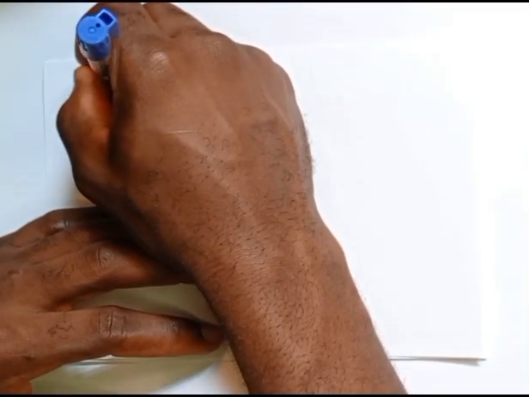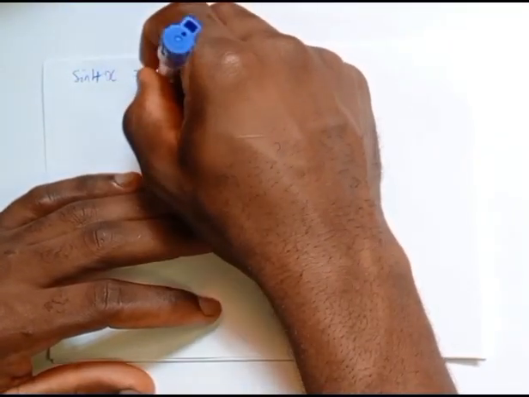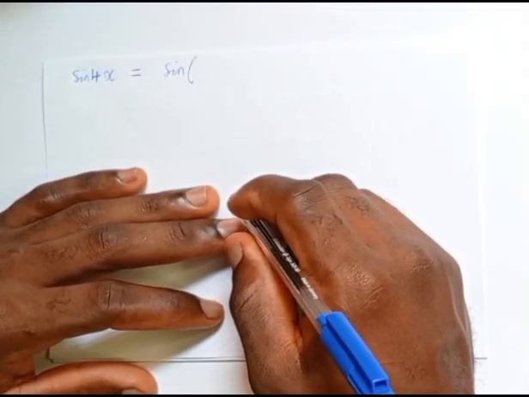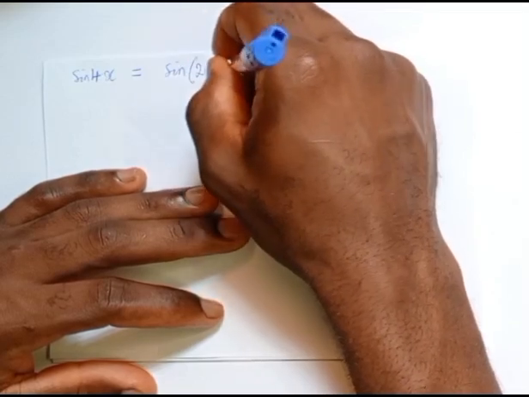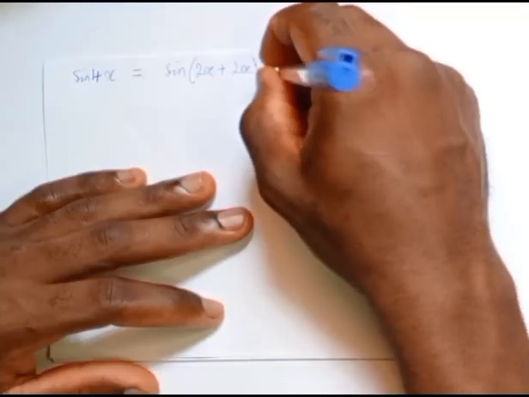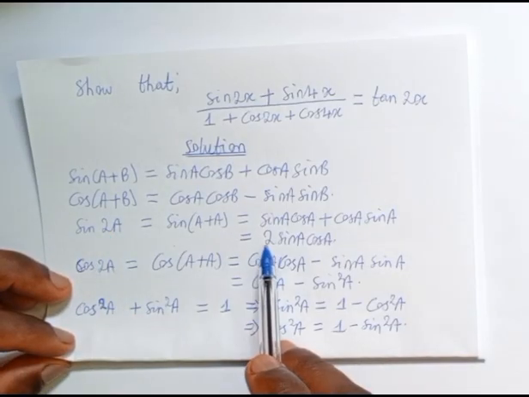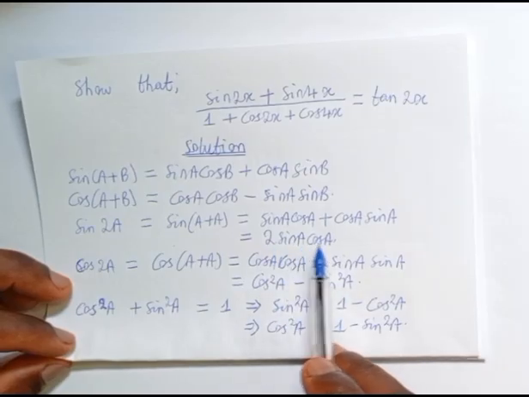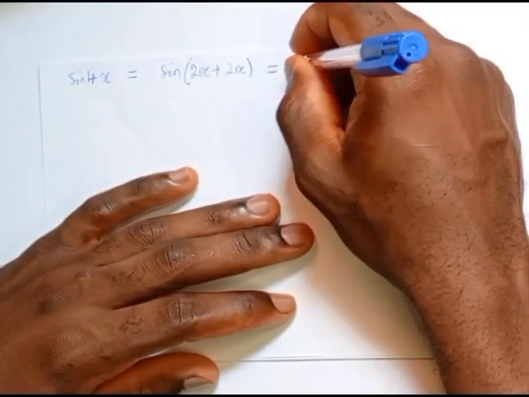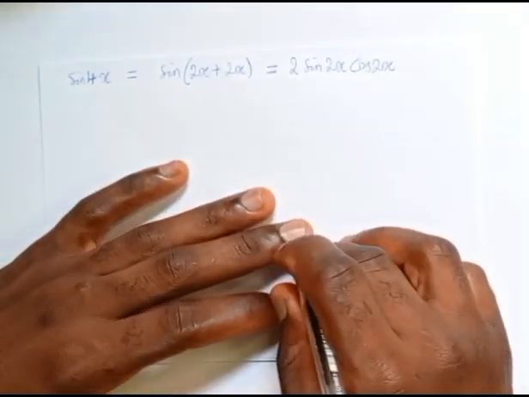Sine 4x is simply the same as the sine of, if we divide 4x by 2, it gives us 2x. So if we take 2x plus 2x, it gives us 4x. And this will simply be equal to, by making use of this, 2 sine 2x cos 2x. We are going to replace A with 2x.